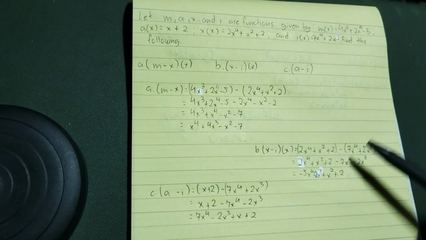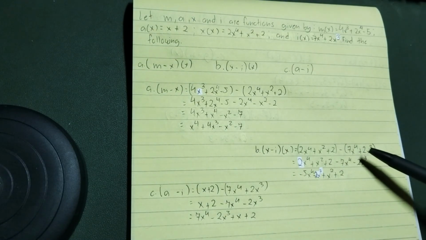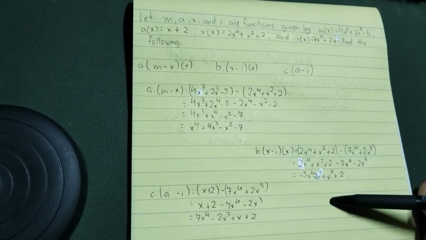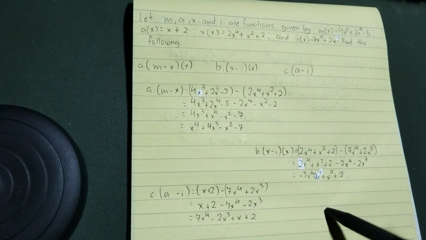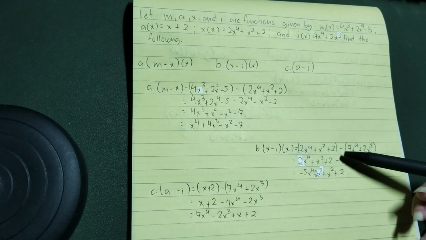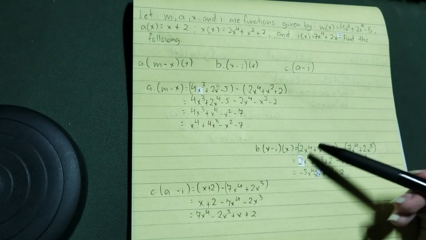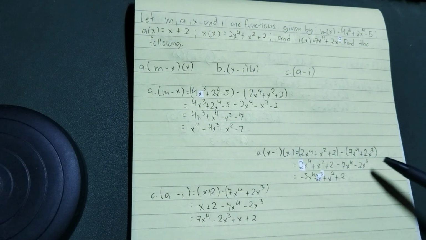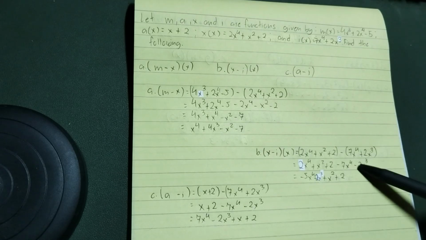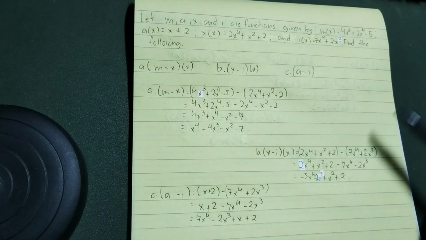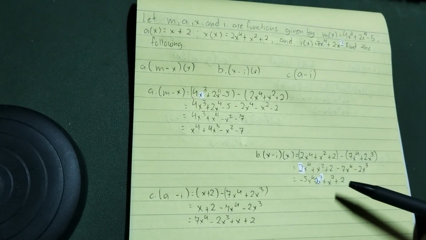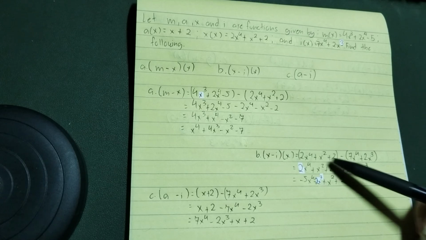And that will give you negative 7x raised to 4 minus 2x raised to 3. And then combine like terms. Combine 2x raised to 4 and then negative 7x raised to 4. That would give you negative 5x raised to 4. And then since negative 2x raised to 3 doesn't have the same degree as this given term, just copy it and bring it down, as well as x raised to 2 and then positive 2.